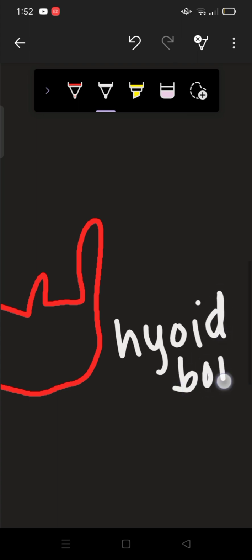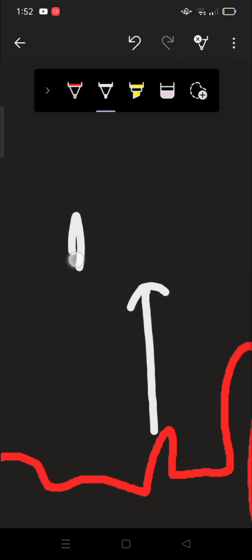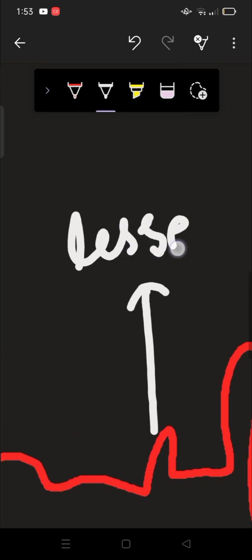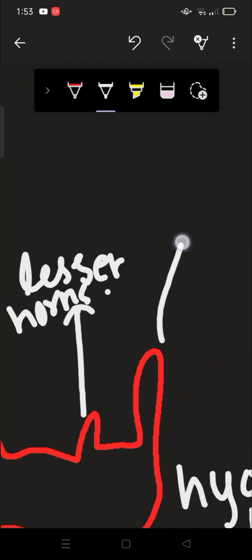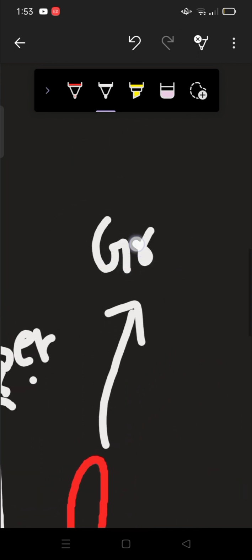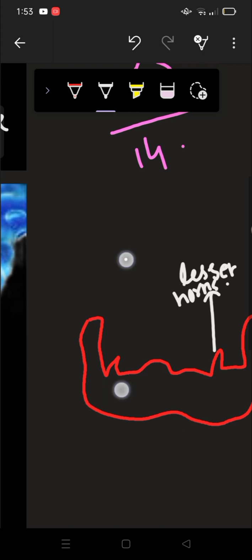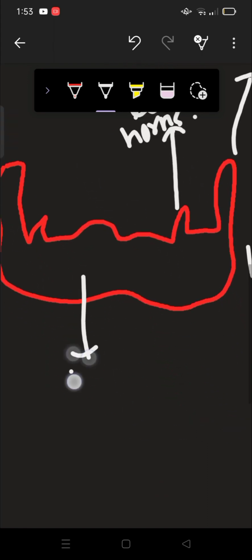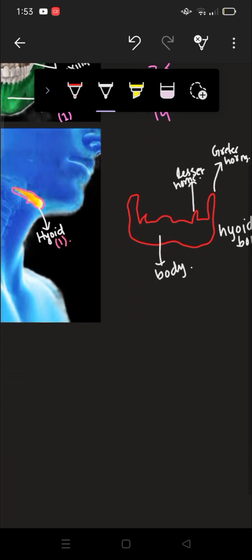As you can see, these are the lesser horns, and these are the greater horns. And here we have the body. This is the body of the hyoid bone. So the hyoid bone has 3 parts: lesser horn, greater horn, and the body of the hyoid bone.